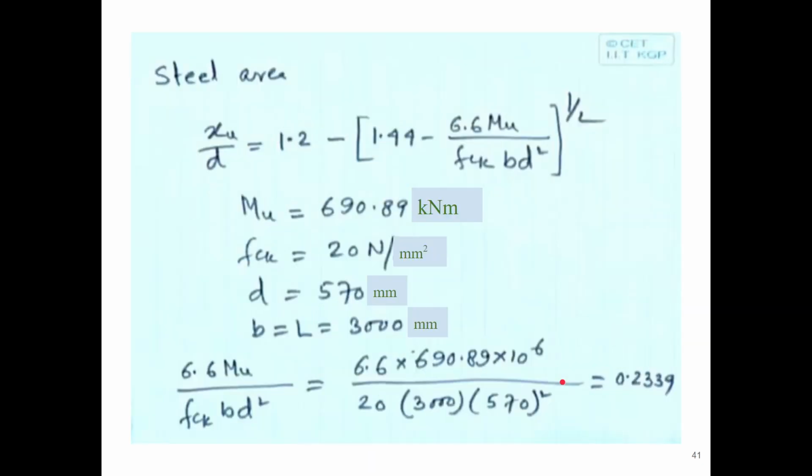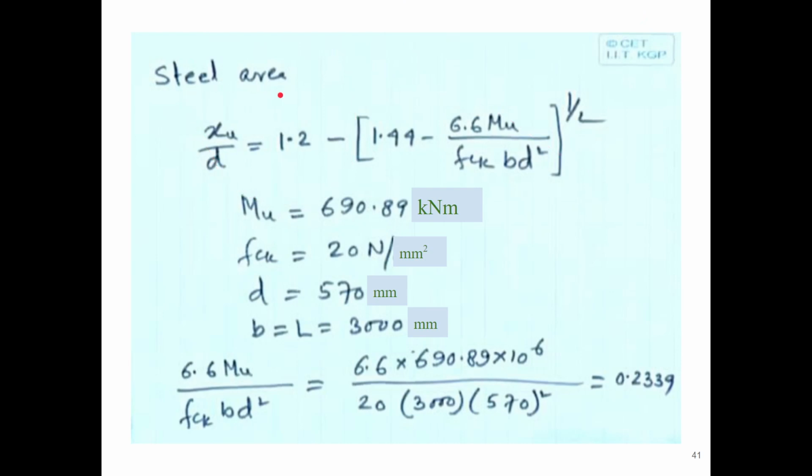So from the three cases, we can say that if we give a footing of dimension 3 meter by 3 meter and depth of footing as 570 millimeter, our section will be safe for all the critical sections, for shear failure as well as moment failure. So we have designed the concrete section for the footing.